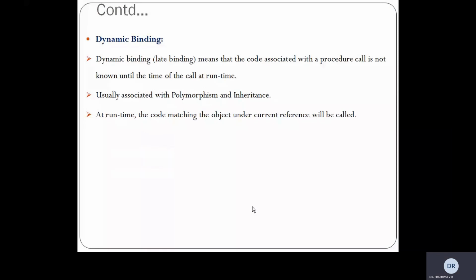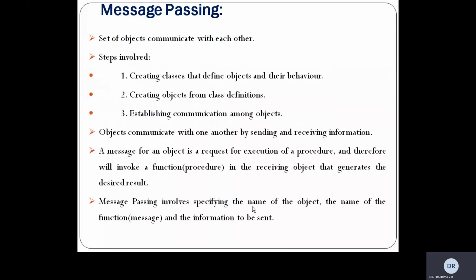At runtime, the code which is existent will pass or refer to the current object which will be invoked or called. And here the last feature which I can relate with an object-oriented system would be message passing.